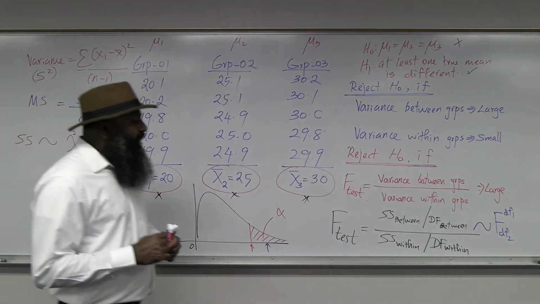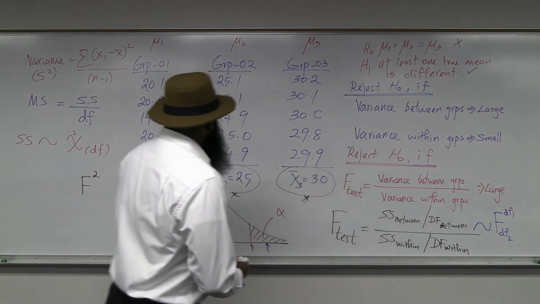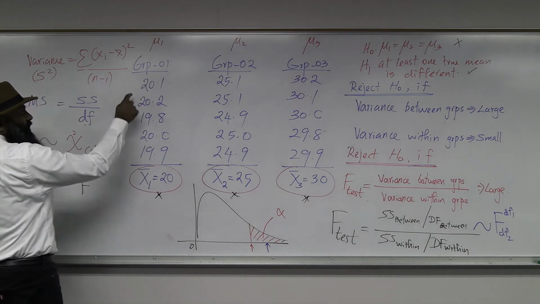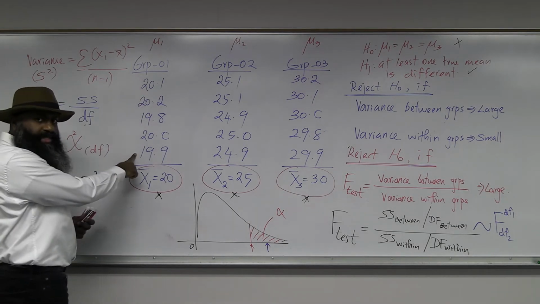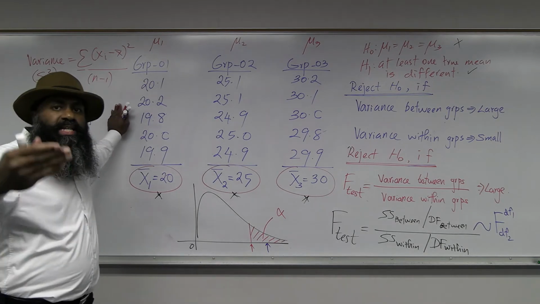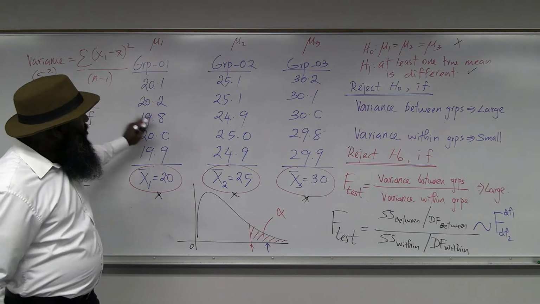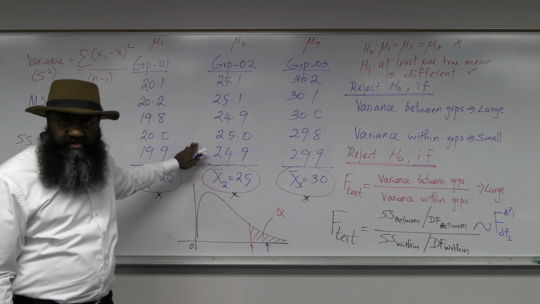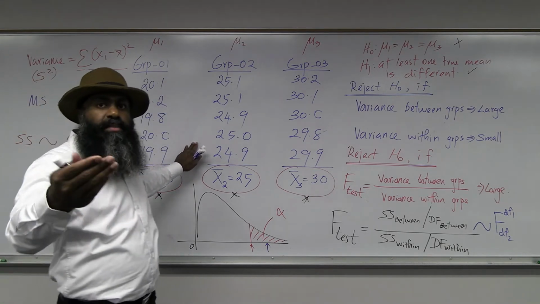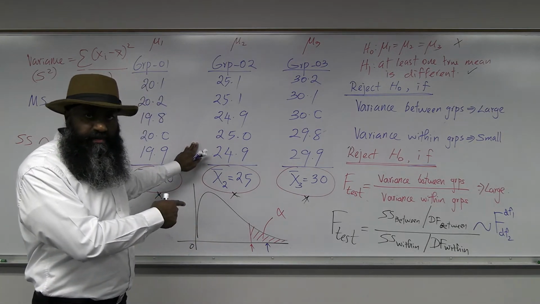Now I need within group degrees of freedom. Within first group, I have 1, 2, 3, 4, 5 data points. So within first group, I have 5 minus 1 degrees of freedoms, 4 degrees of freedoms. The second group also has 5 data points. Once again, n minus 1, which is 5 minus 1, I have 4 degrees of freedoms.